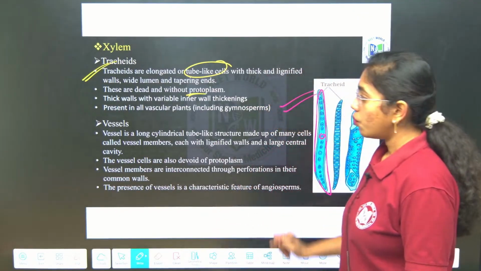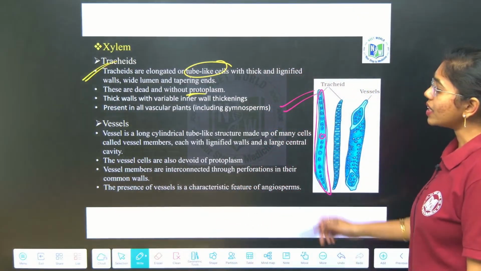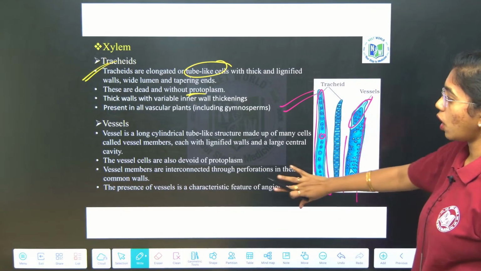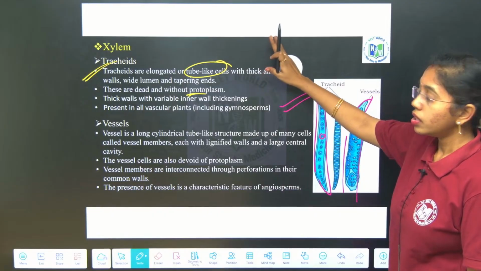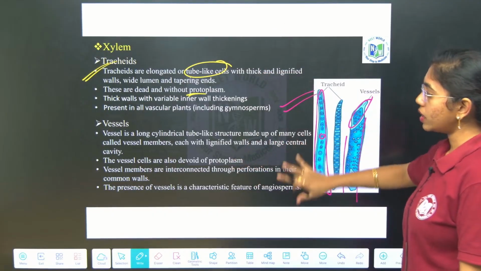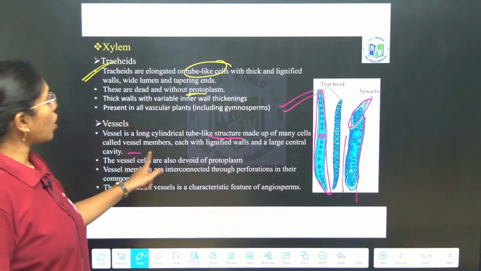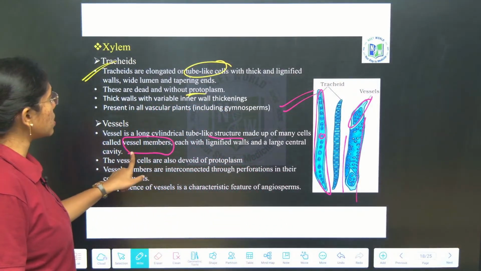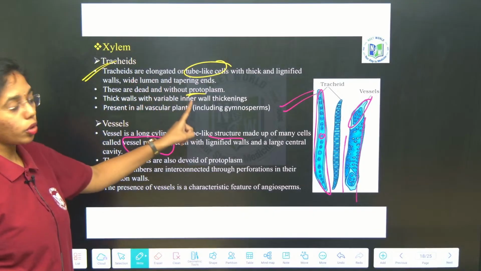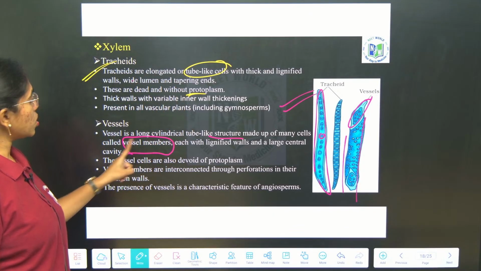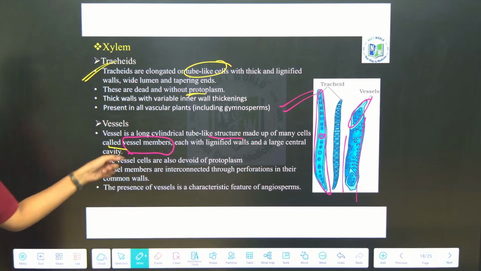Vessels. They are long and cylindrical, not elongated like tracheids. Vessels are long, cylindrical, tube-like structures. In tracheids, one tube has one cell, but in vessels, one tube-like structure is made up of many cells called vessel members.